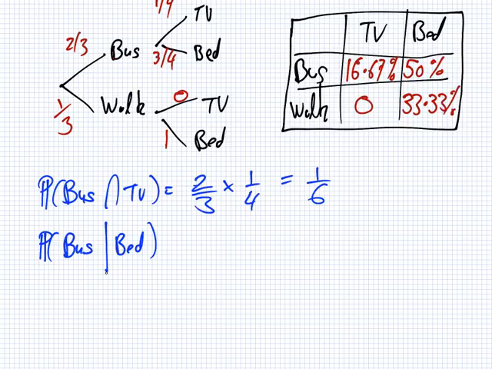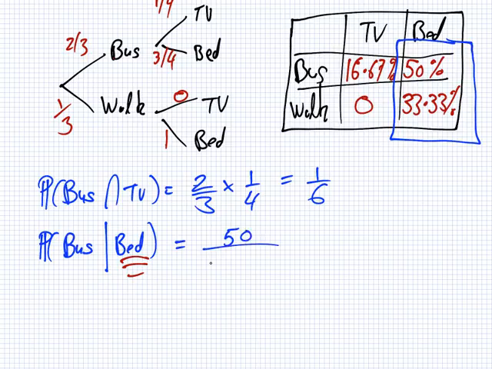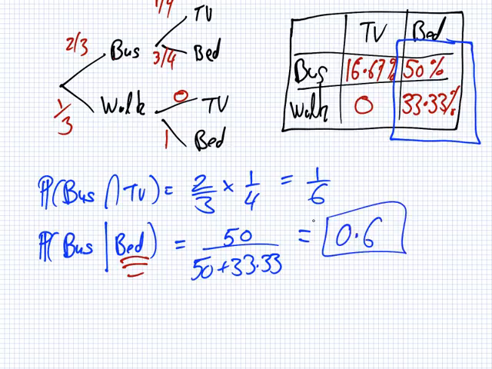So in this calculation, you know he went to bed, so you're only looking at these 2. The answer would be 50 over 50 plus 33.33. So what's that then? 0.6. That's the answer.